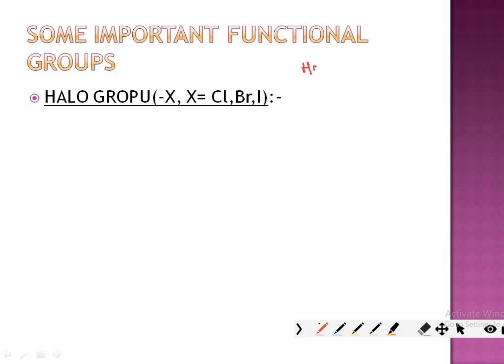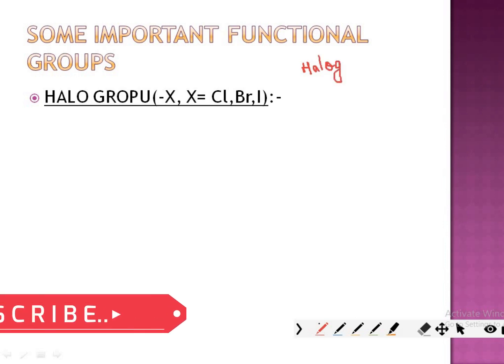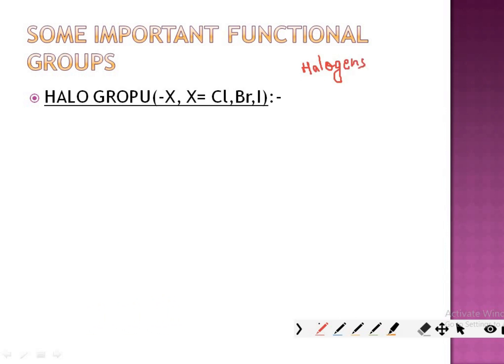Halogens are the elements we'll be reading in the periodic table, group 17 of the periodic table has halogens, okay. It has fluorine, chlorine, bromine and iodine. These are the halogens.